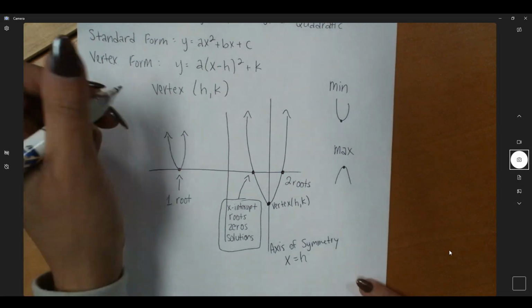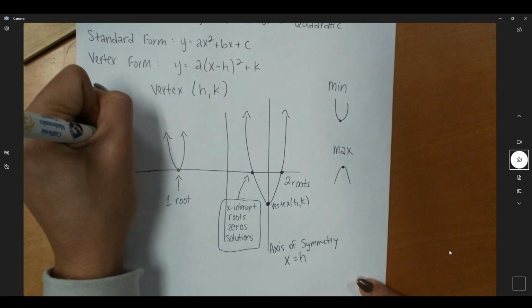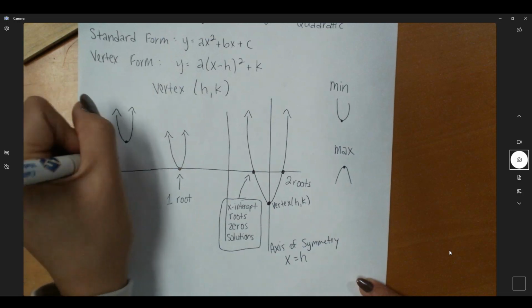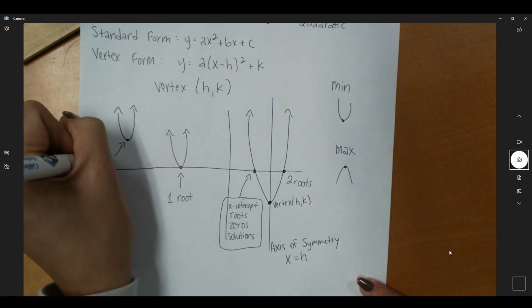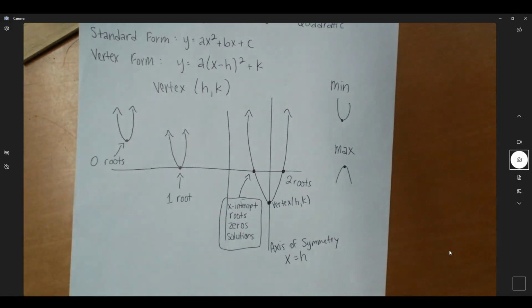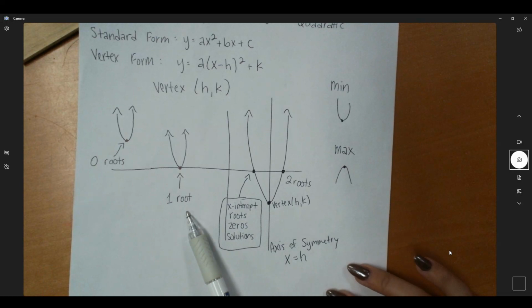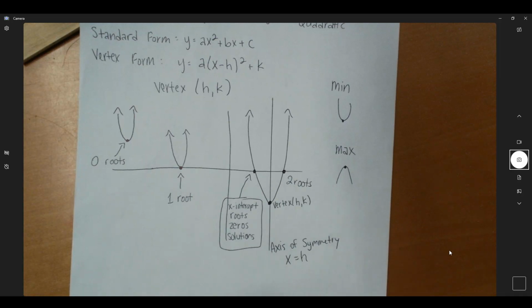And one with none would be like if you had a parabola all the way over here and it doesn't go through the x-axis at all. So that would be 0 roots. 1 root would be always if it is on the axis, and then 2 roots is if the parabola goes through the axis twice.